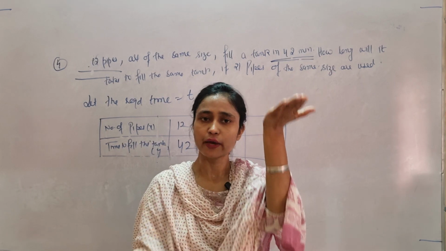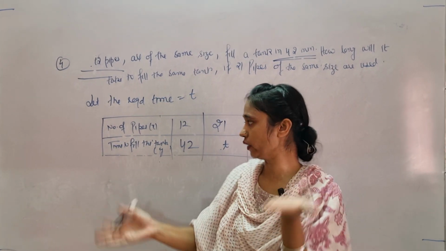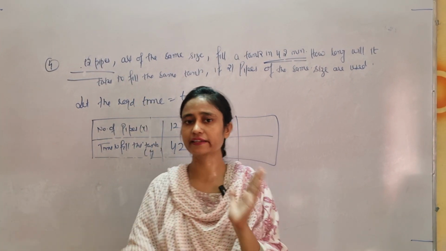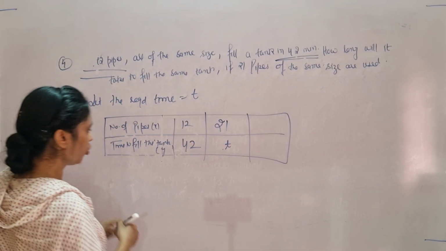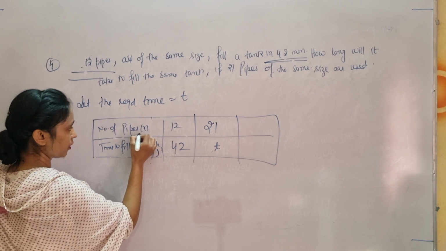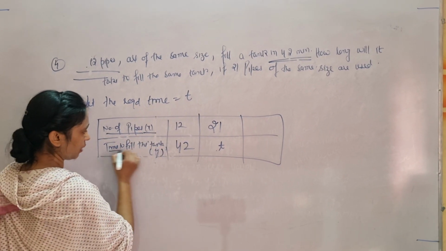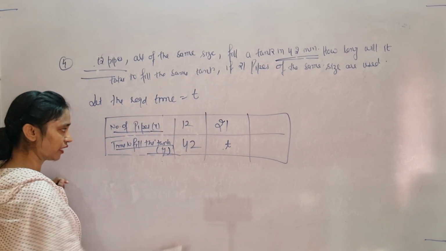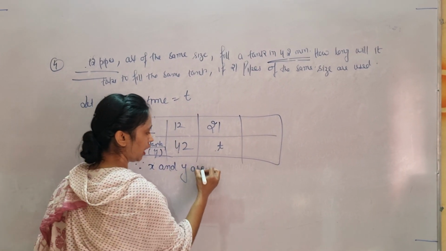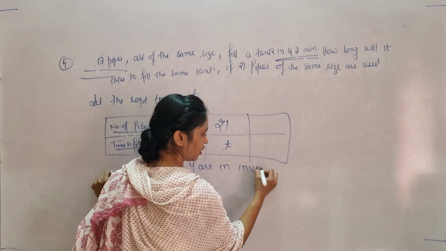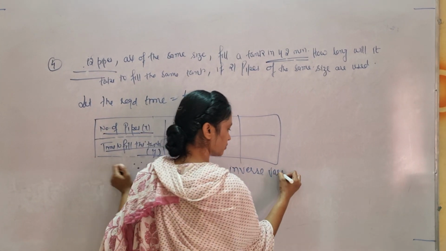So there is an inverse relationship between the number of pipes and the time taken. Here x is the number of pipes and y is the time taken, because x and y are in inverse variation.